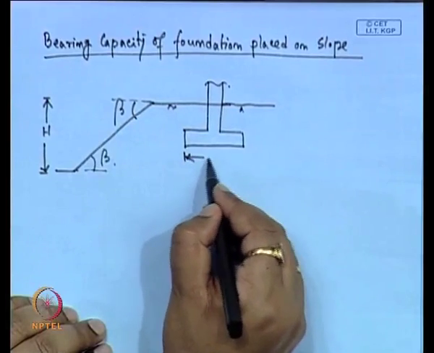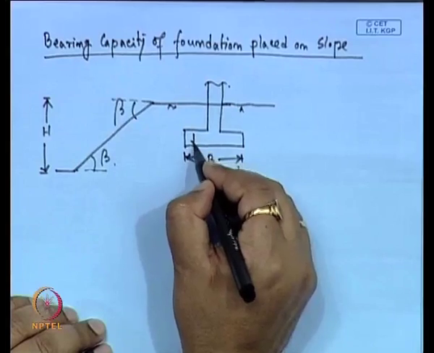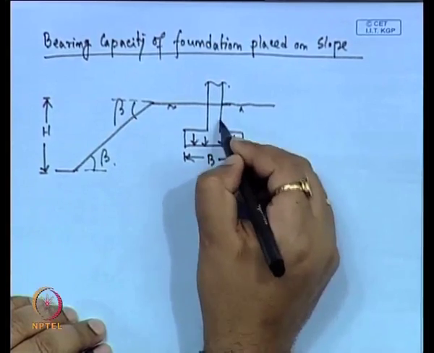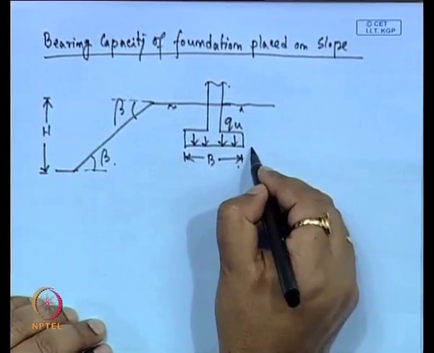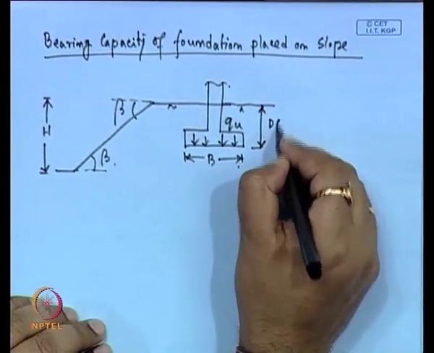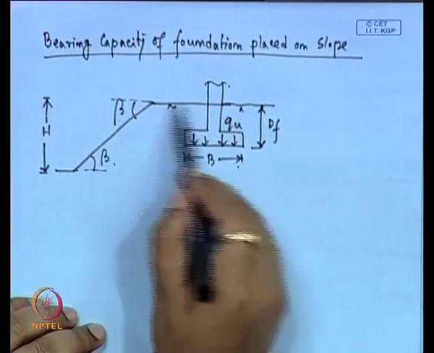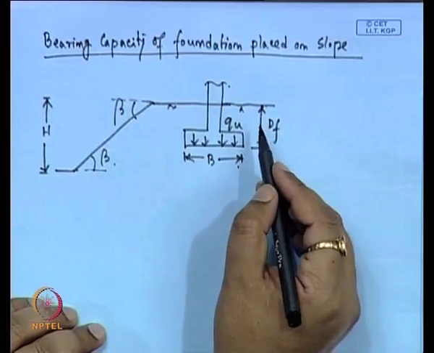Now, this foundation width is B, and Qu is the ultimate load carrying capacity of this foundation, and Df is the depth of the footing from the top of this slope.